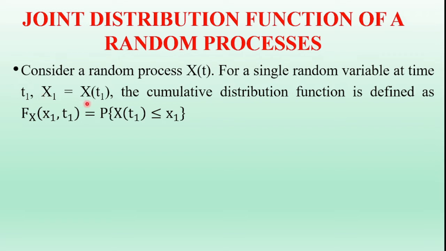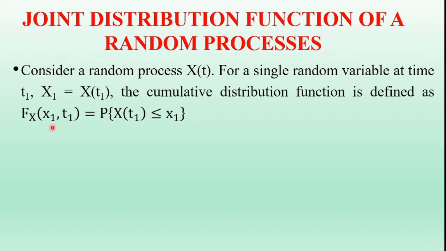So the cumulative distribution function of a random process X of t is defined as F_X of x1 comma t1 is equal to probability of X of t1 less than or equal to x1. So the cumulative distribution function of a random process X of t is denoted as F_X of x1 comma t1.